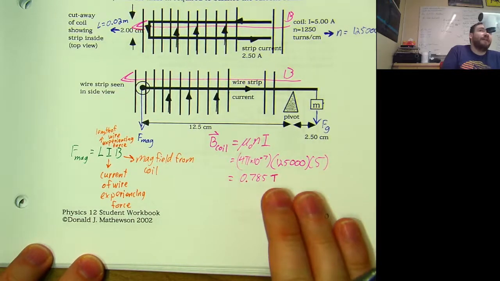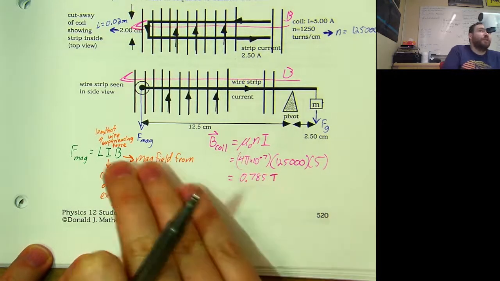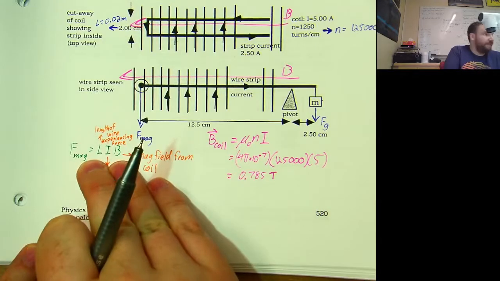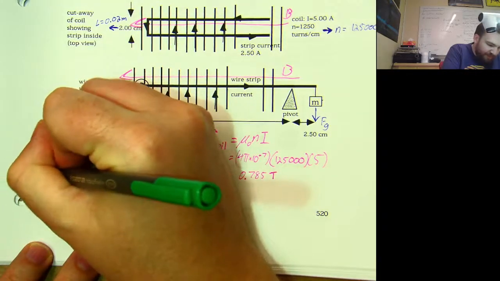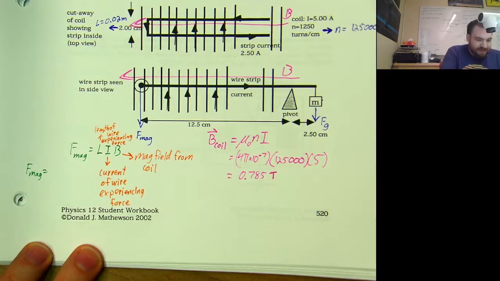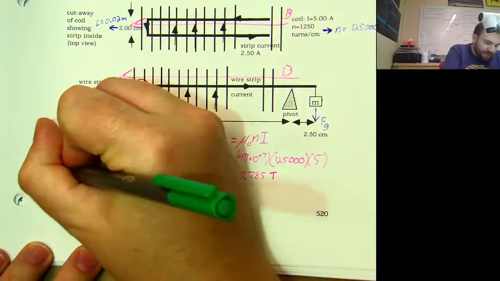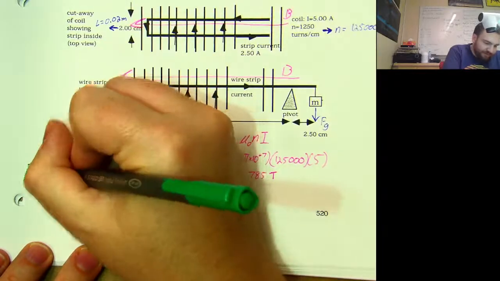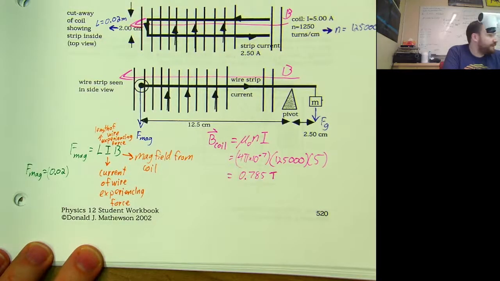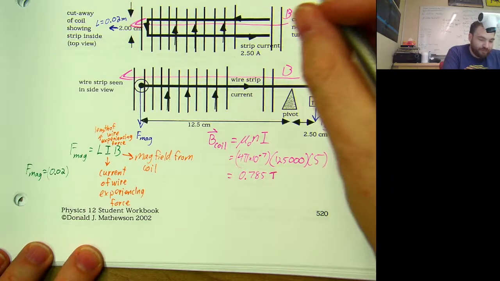So now we've got the B field of the coil. We can insert the information we've got over here to find the magnetic force. So F mag on the strip is going to be given to us by L, the length of the wire experiencing the force. How much of the wire is experiencing the force? 0.02, that little length right here. The current in that strip is 2.5 amps.